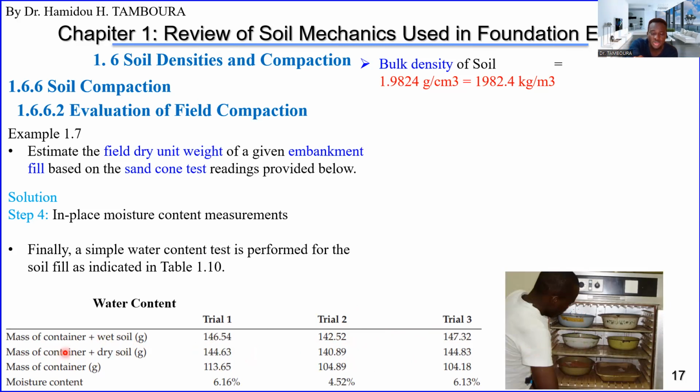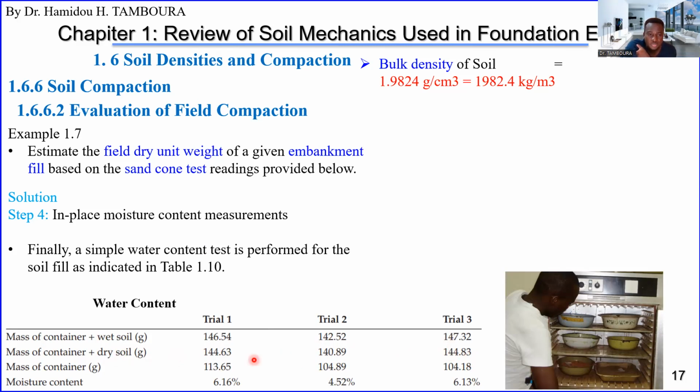After that, you dry it in the oven for 1 day, for example. It will dry for sure. Okay, so the mass of the dry soil after drying is what you obtain. There is no way that it is higher than the previous one. If you obtain that, then you have a problem.